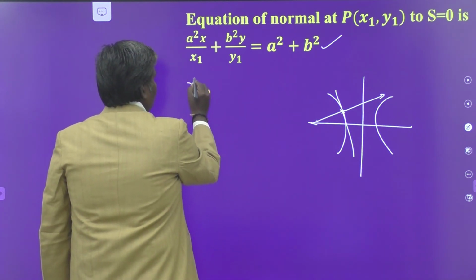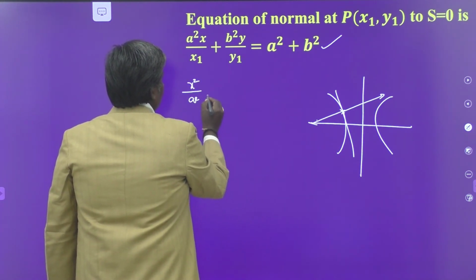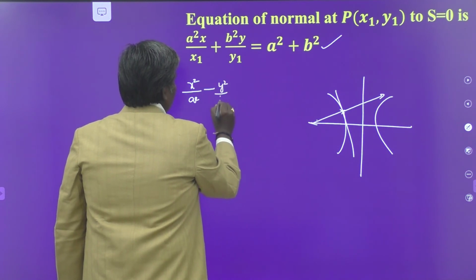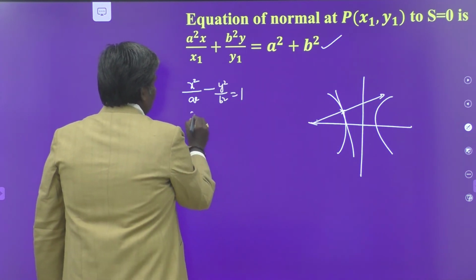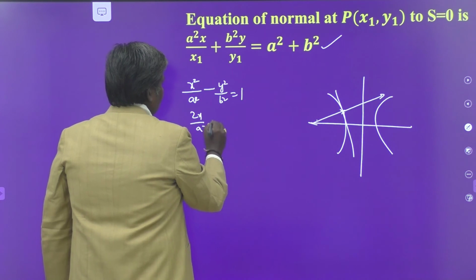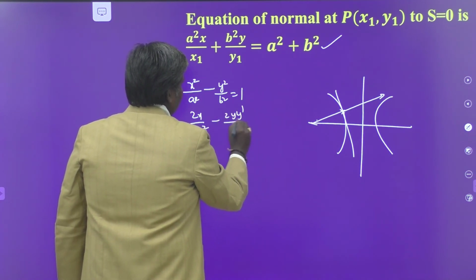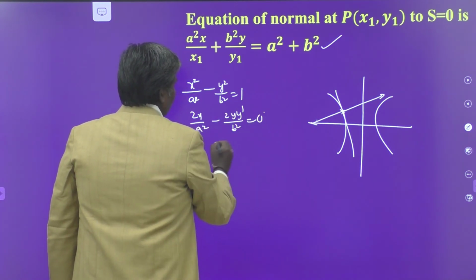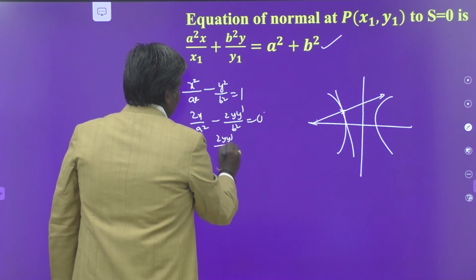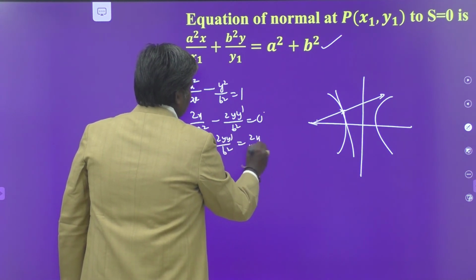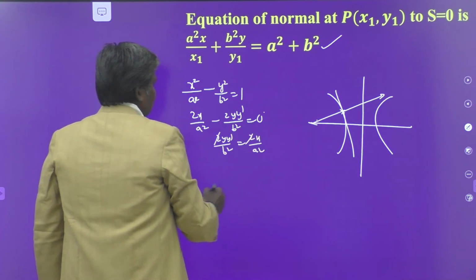What is your hyperbola equation? x square by a square minus y square by b square equal to 1. Just by differentiating, 2x by a square minus 2y y dash by b square is equal to 0. So 2y y dash by b square is equal to 2x by a square. 2 gets cancelled.